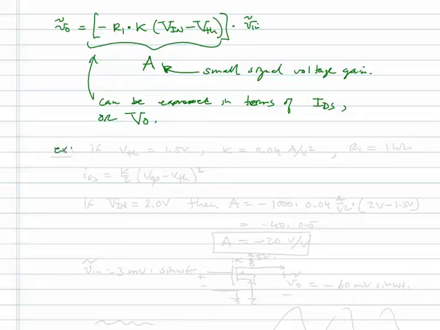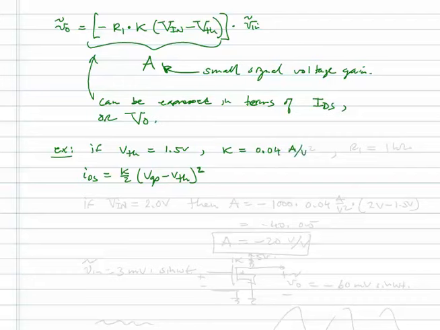So for instance, as an example, to close this off, if V threshold was 1.5 volts, let's look at K for a moment. Actually, let me write the saturation expression again. It's going to be IDS equal to K over 2, VGS minus V threshold, quantity squared. So we've got to get amps out of K times volts squared. So K has units of amps per volt squared. Let's say it was 0.04 amps per volt squared.